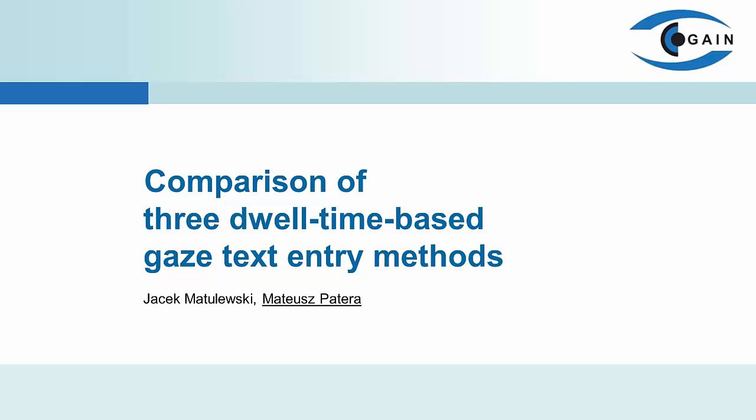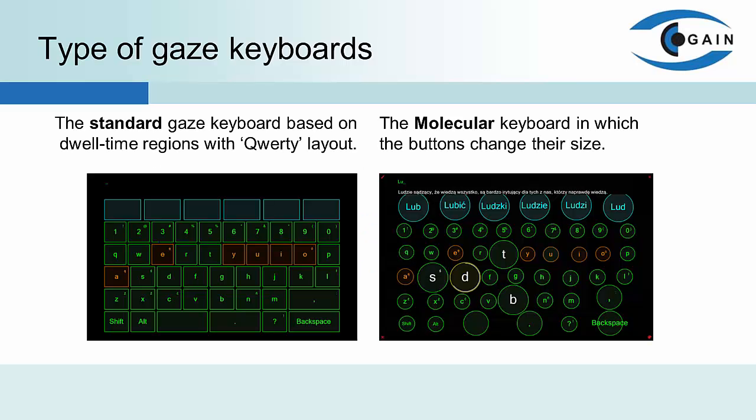The most commonly used technique for GTE is based on dwell time regions at which the user needs to look longer to activate the associated action, in our case, entering the letter.